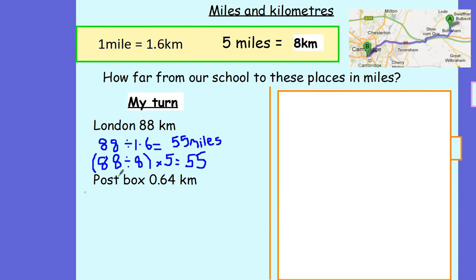I can do the same for the second one. The post box is 0.64 kilometres from the school. I can divide that by 8 to give me 0.08. And then I can multiply that by 5. So it's 0.4 miles away from the school.